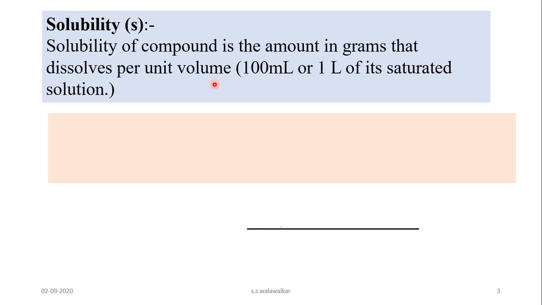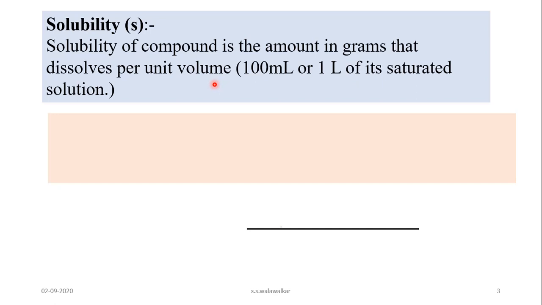Then its solubility is what? 360 grams per liter. That is the solubility of sodium chloride. Like that, you can calculate solubility in grams per liter.